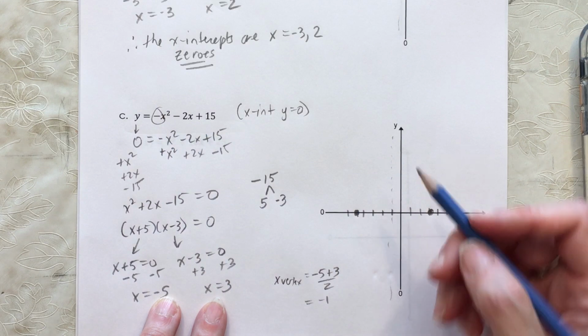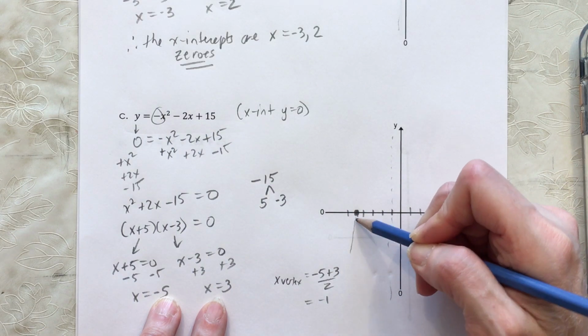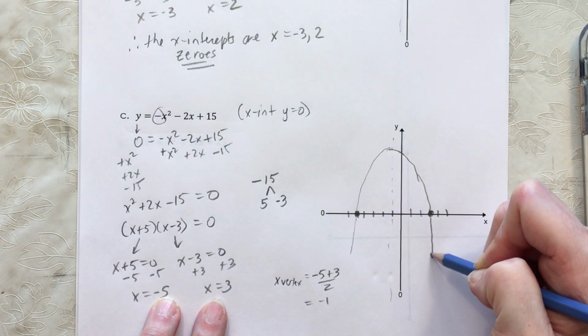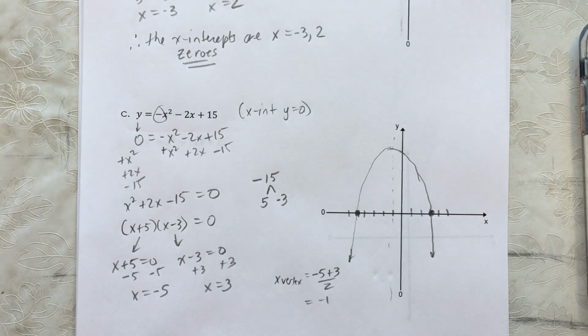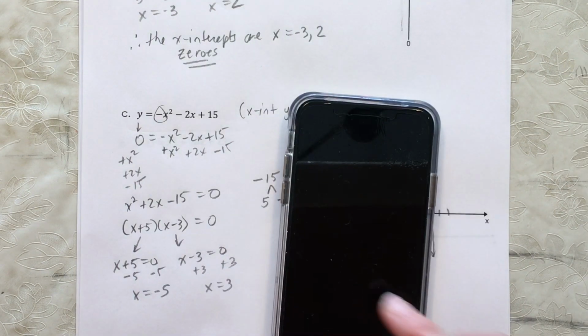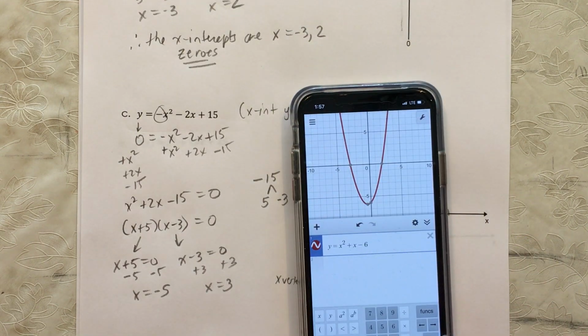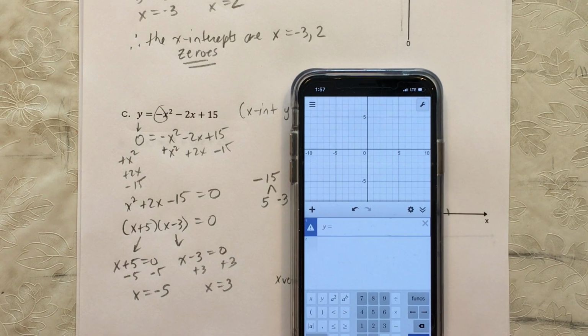But we do know that we have a negative parabola, so our parabola is going to be going to a maximum. Doesn't look very good, but we got our x-intercepts. And then again, if you want to check on Desmos, we can type this one in. So, y equals negative x squared minus 2x plus 15.